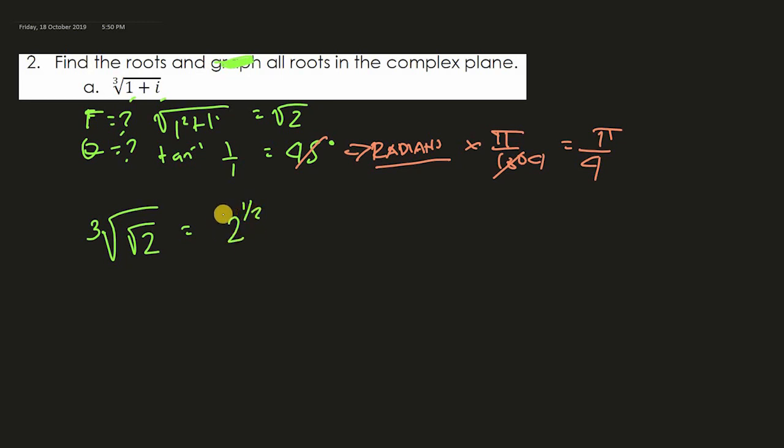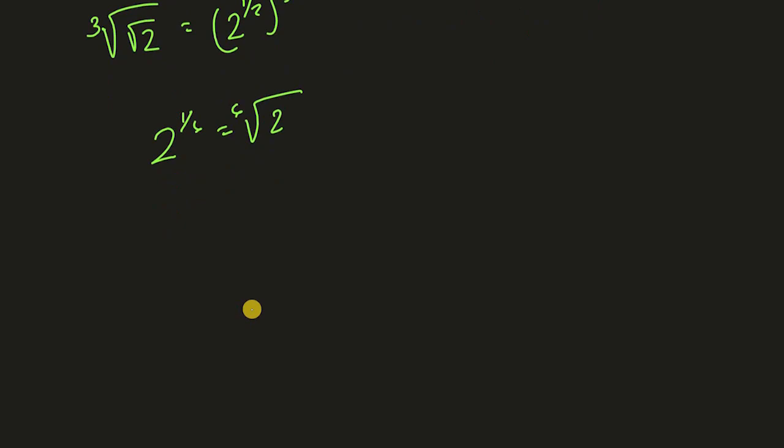Tapos, ito, i-raise pa natin yan sa 1/3. So, 1/2 times 1/3, that's the same as 2 raised to 1/6. Am I right? Sana. 2 raised to 1/6 is equal to the sixth root of 2. Yan, tama yan. So, R natin, since yan yung R natin, so that's the sixth root of 2.